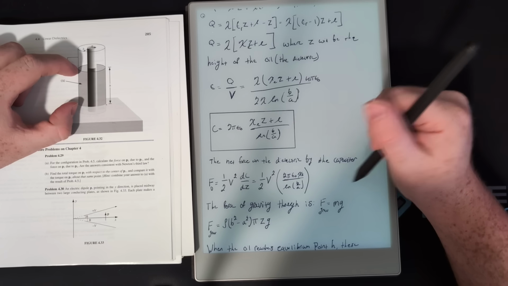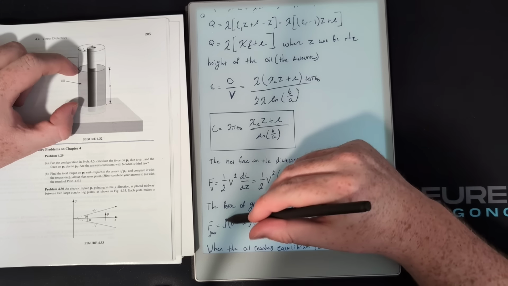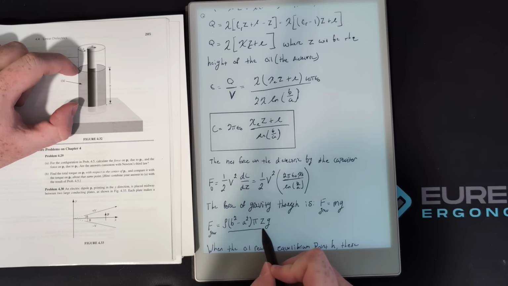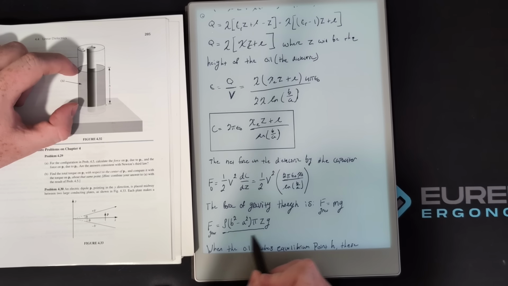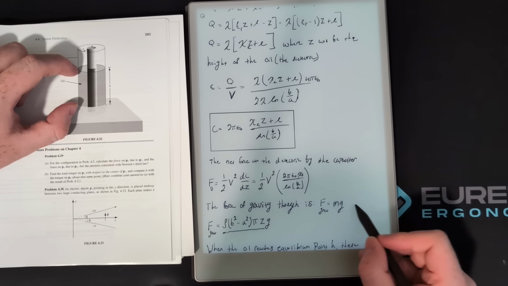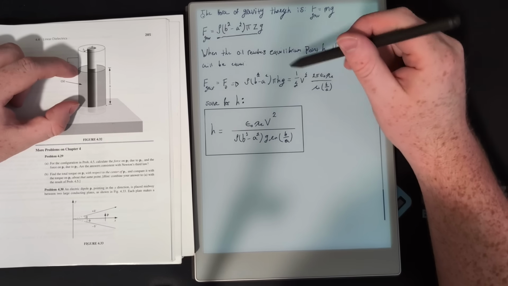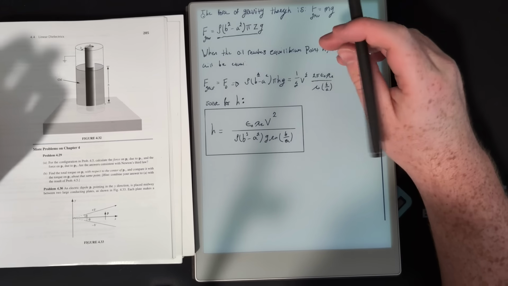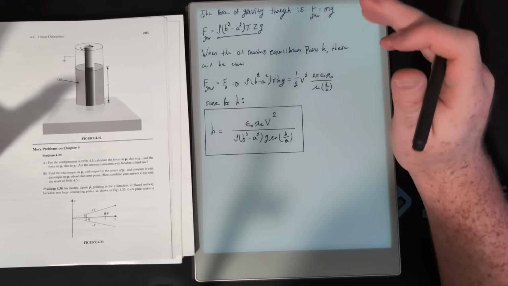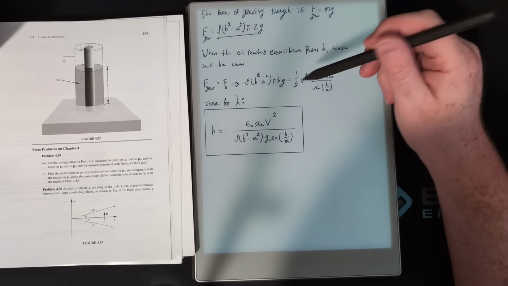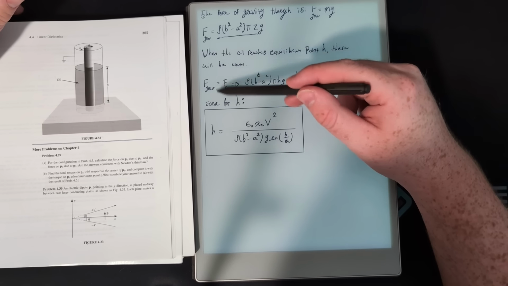That gives us the mass. So this is the volume, this is the mass density, that gives us mass times g. And then we just set these equal to each other. When we reach the height h that the oil settles at, these forces should be equal. So the force of gravity equals the force on the dielectric.